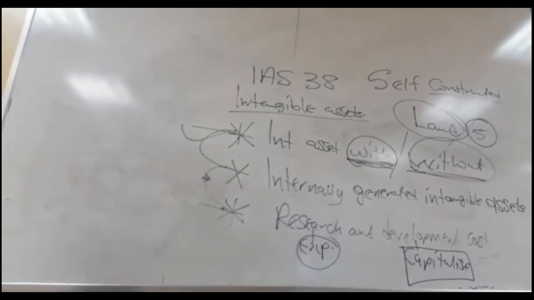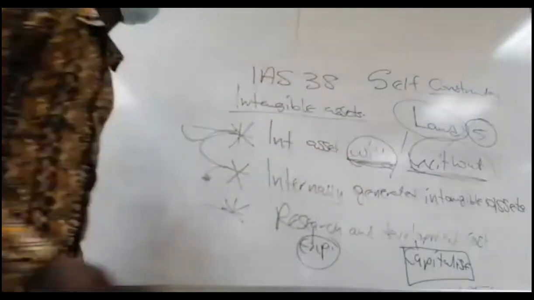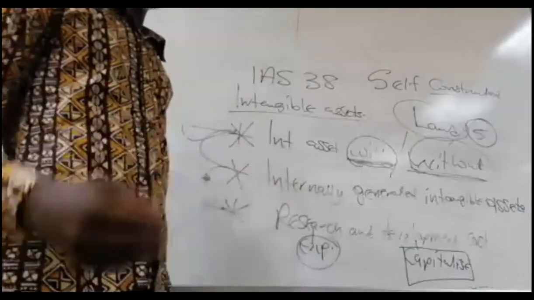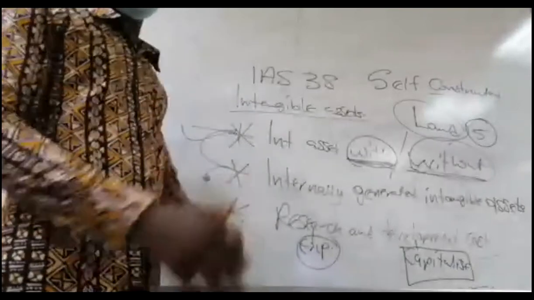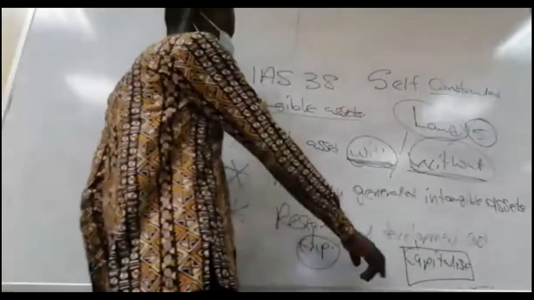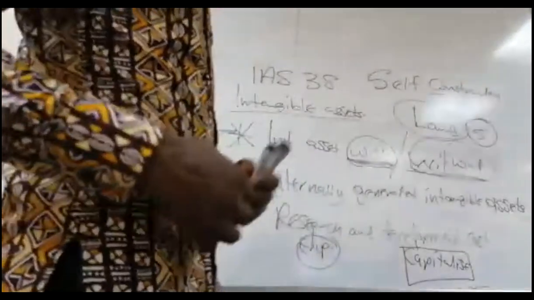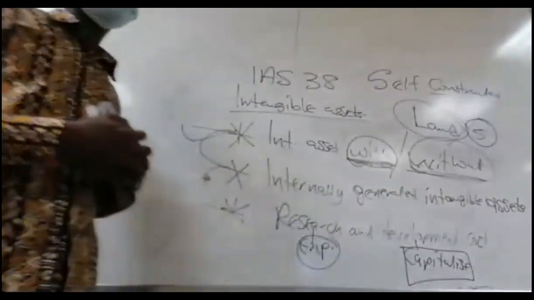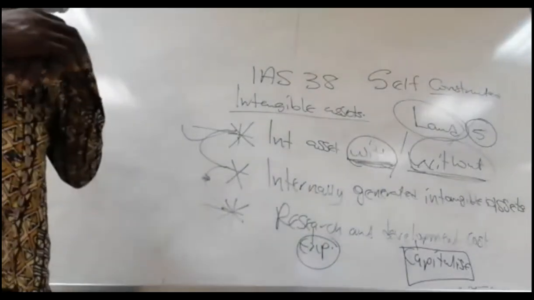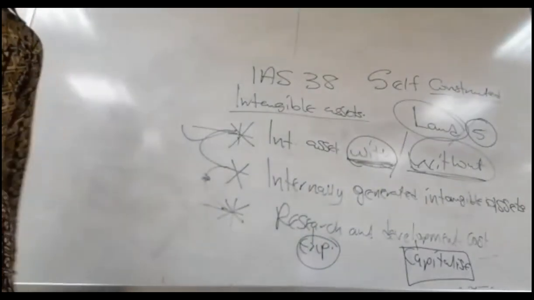Development costs that comply with the recognition criteria must be capitalized. Capitalized means it must appear on the balance sheet. It must be treated as an asset and therefore reported on the balance sheet. That's the meaning of capitalization. Good.